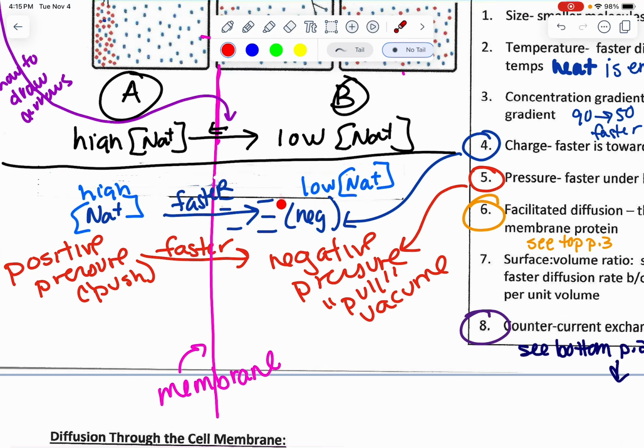So if side B has a negative charge, sodium is going to diffuse from high to low, but it's also going to go faster because it's attracted to that opposite negative charge. So this would occur faster than just typical high-low diffusion of sodium. This is high to low, but also toward a negative charge. This would be faster than that.